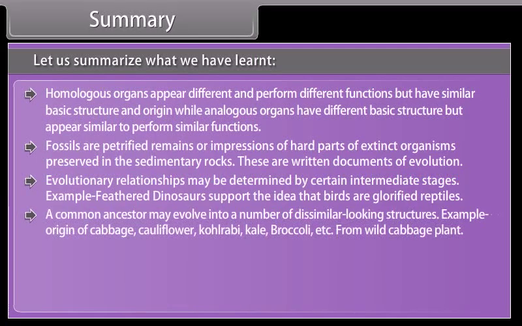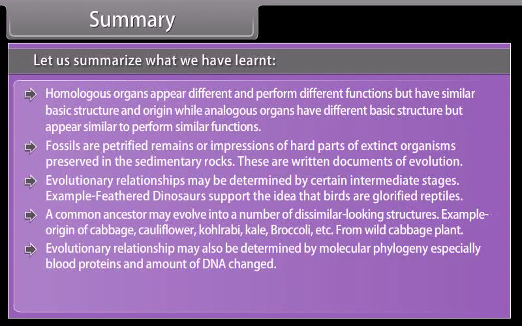A common ancestor may evolve into a number of dissimilar-looking structures. Example, origin of cabbage, cauliflower, kohlrabi, kale, broccoli, etc. from the wild cabbage plant. Evolutionary relationship may also be determined by molecular phylogeny, especially blood proteins and amount of DNA changed.